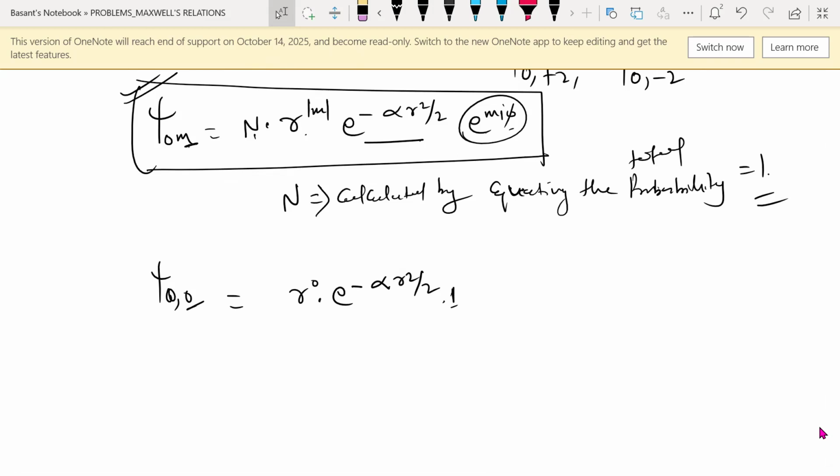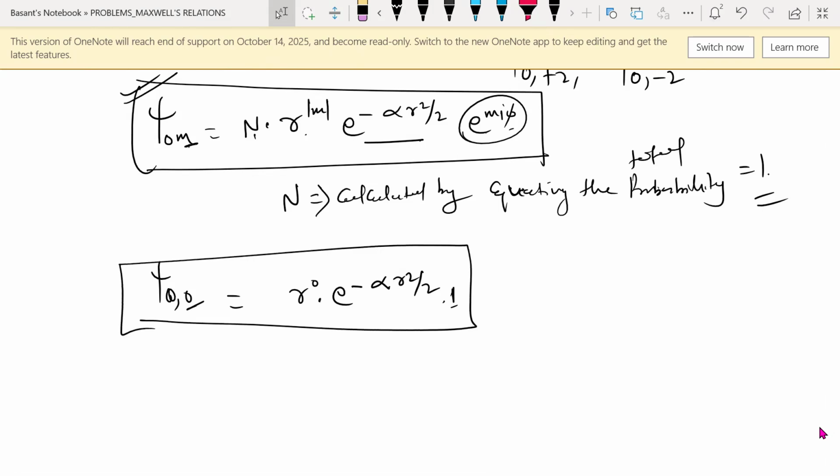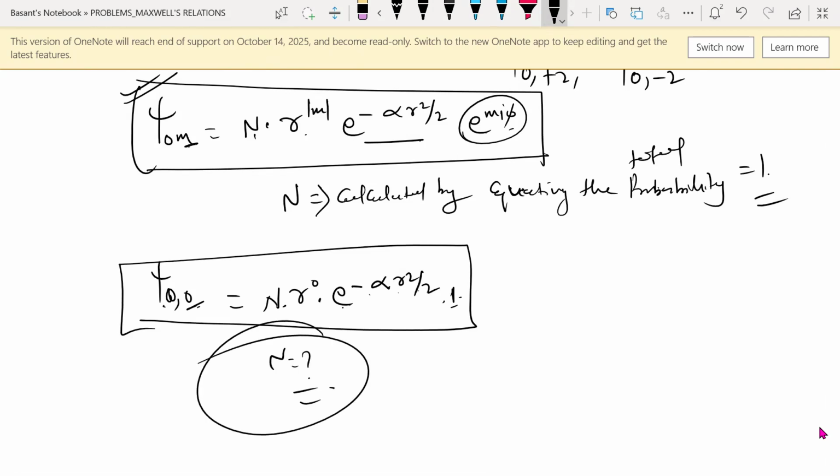So psi 0 0 has the simple form e to the power minus alpha r square by 2, but having a normalization factor. What is this normalization factor? So for this normalization, the equation is integral of psi star psi d tau, and this gives 1.